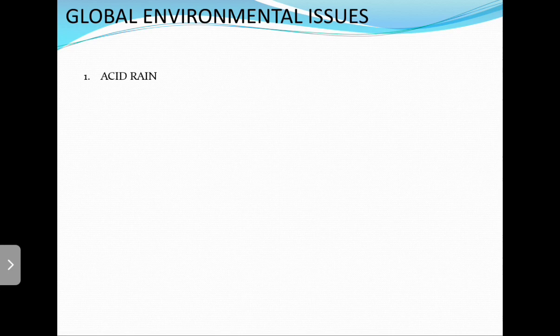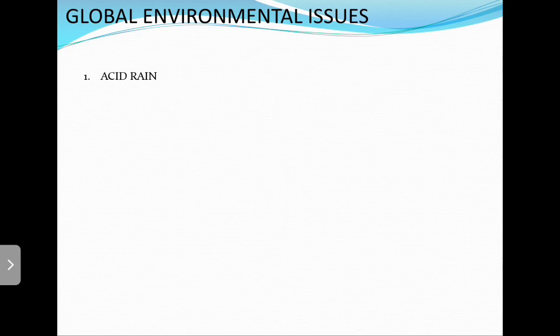And there are lots of global environmental issues, like acid rain. When NOx and SOx are emitted to the atmosphere and come in contact with moisture, they form sulfuric acid and nitric acid.